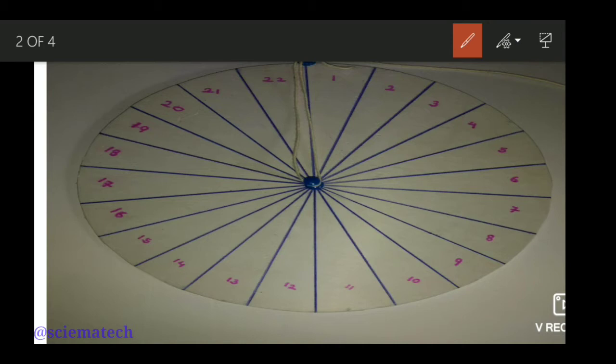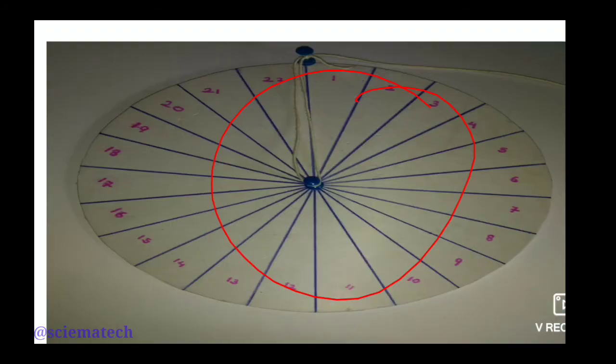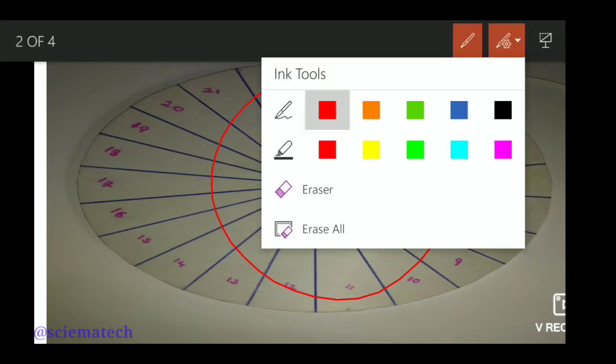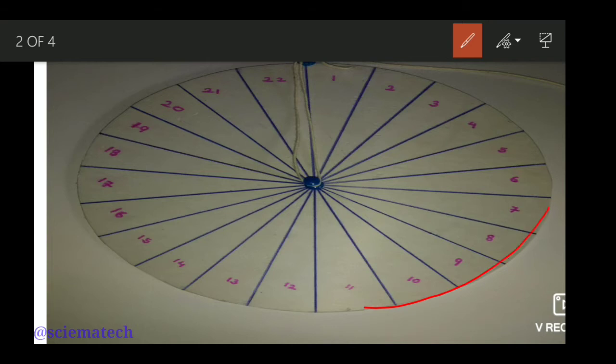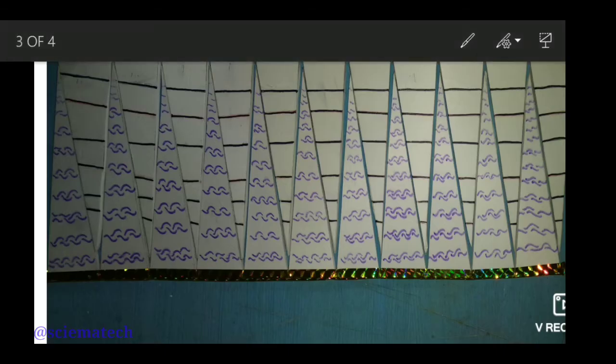So the area of this circle can be found by the area of the rectangle having length equal to the circumference. This is the circumference, and it is the length of the rectangle, and the radius of the circle is the breadth.